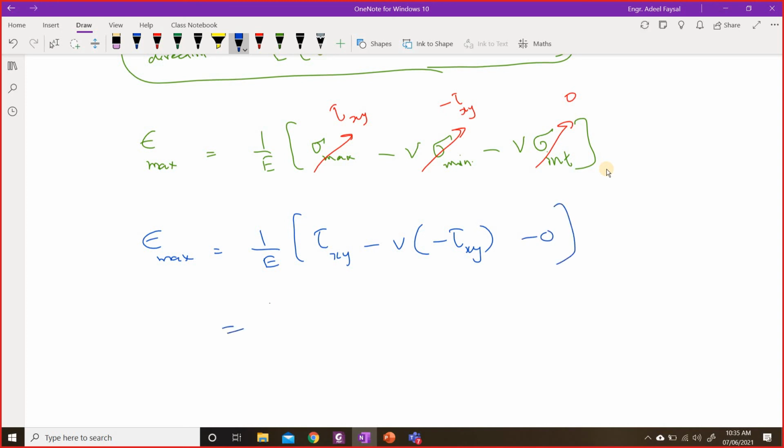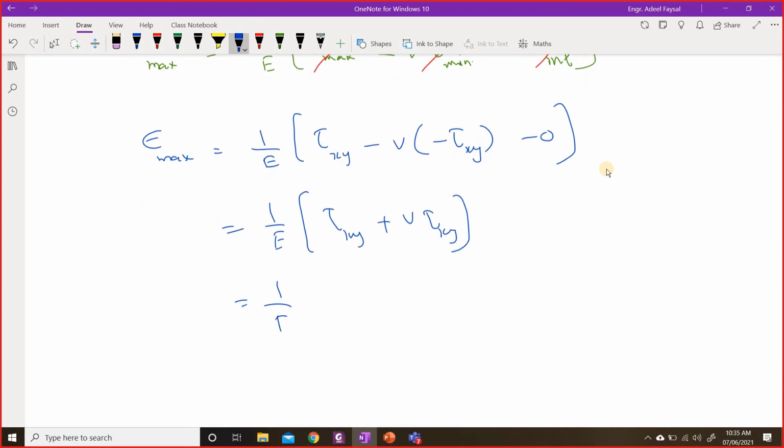So this becomes 1 over E times tau xy plus nu tau xy, or we can say 1 over E times 1 plus nu, taking tau xy common from this expression, epsilon max.